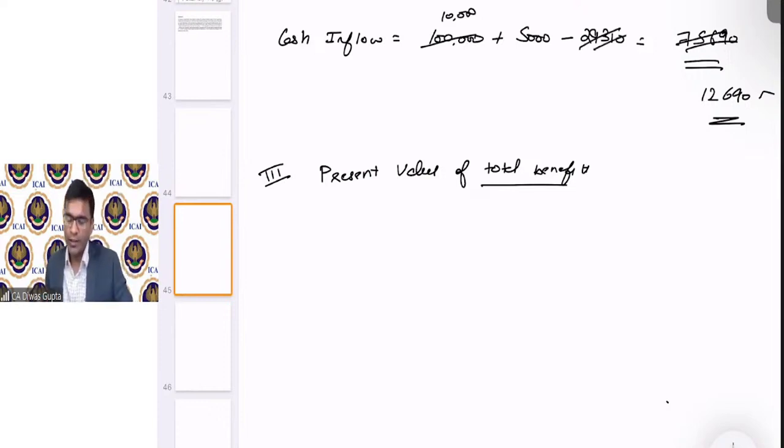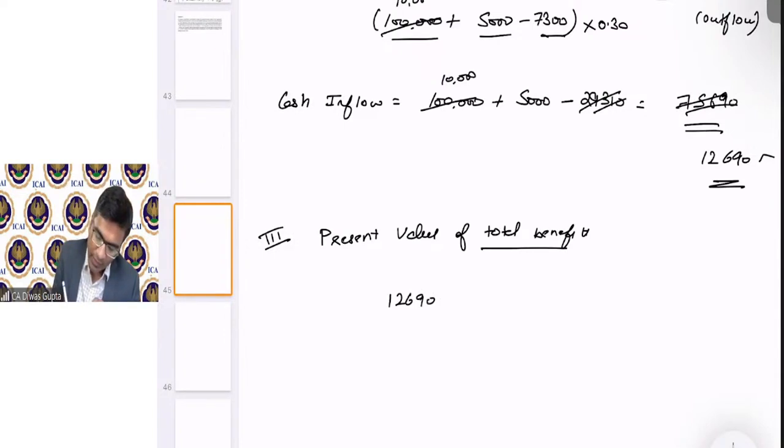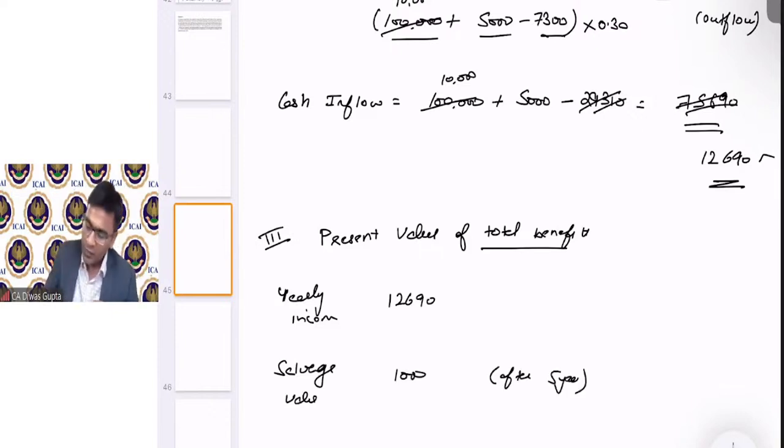The tax amount will also change accordingly. So the present value of total benefits is 12,690 that you will get, plus this is the yearly income. Then salvage value of 1,000. This we will get after 5 years, correct?